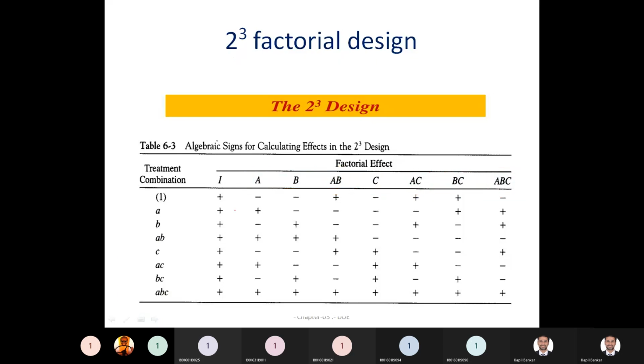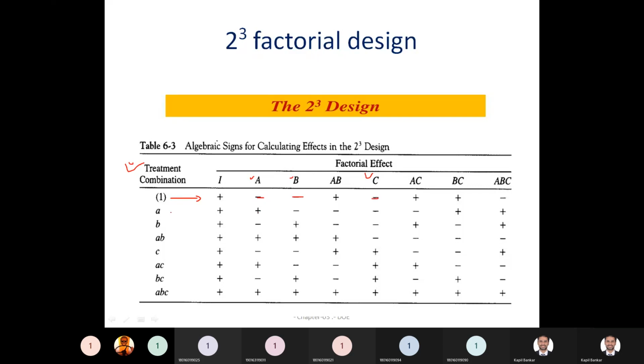So here also you can prepare this whole table using the treatment combination. Suppose experiment number one: all these factors should have the low value. So main factors A, B, and C all have the low value, minus. This is minus, this is minus, this is also minus.